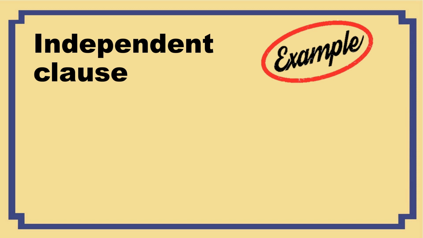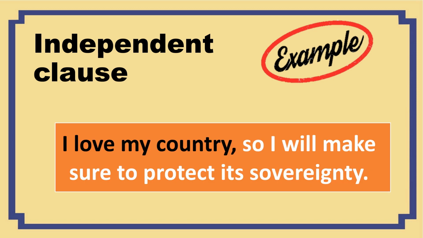Another example is, I love my country, so I will make sure to protect its sovereignty. This sentence is also divided into two parts. The first one is, I love my country, and the second part is, so I will make sure to protect its sovereignty.